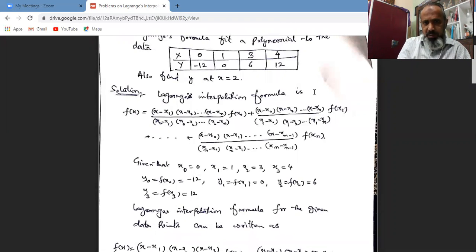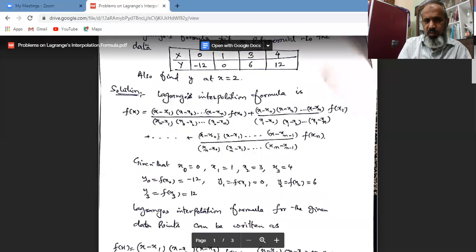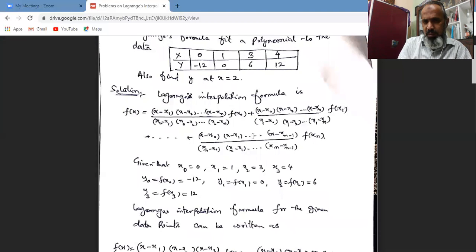Lagrange's interpolation formula is f of x is equal to, this is Lagrange's interpolation formula. This is the second term, f of x1. In the third term, we have to write x minus x naught, x minus x1, x minus x3, x minus x4, up to x minus xn, divided by x2 minus x naught, x2 minus x1, up to x2 minus xn, into f of x2, plus and so on. This is the last term: x minus x naught, x minus x1, up to x minus xn minus 1.